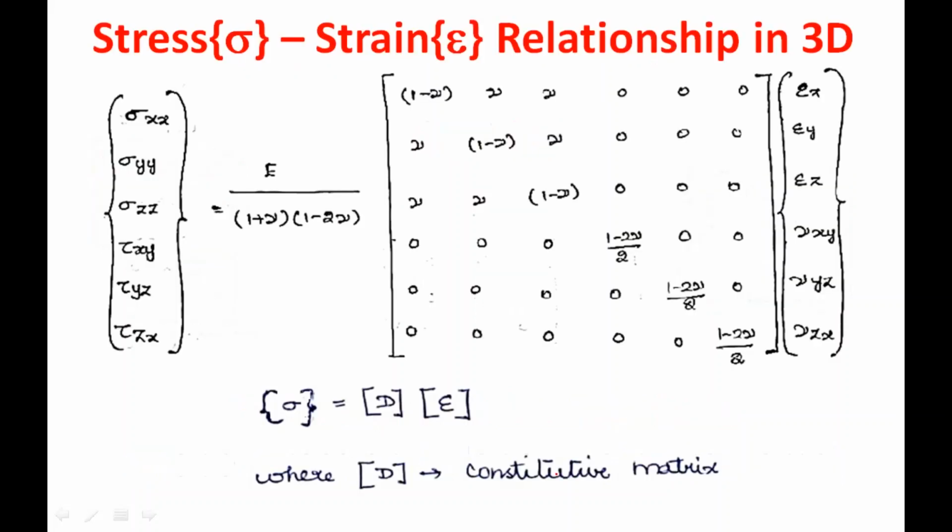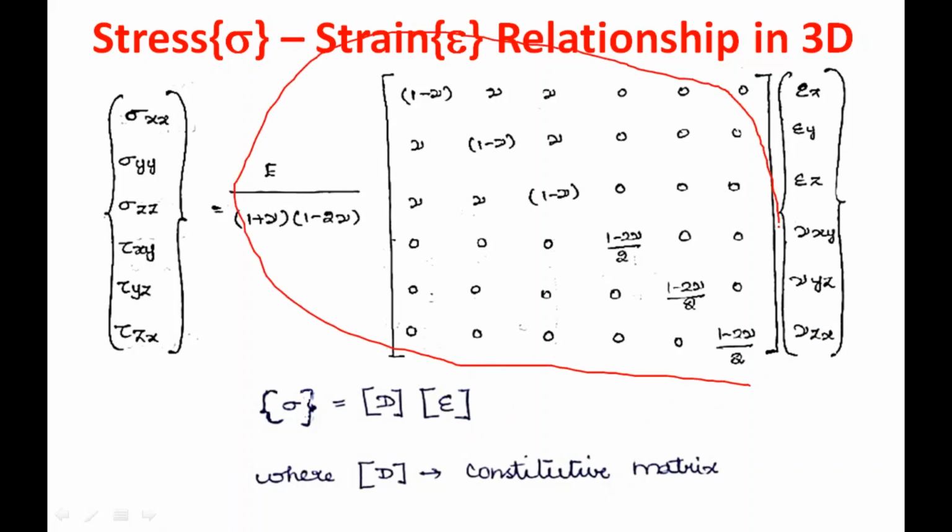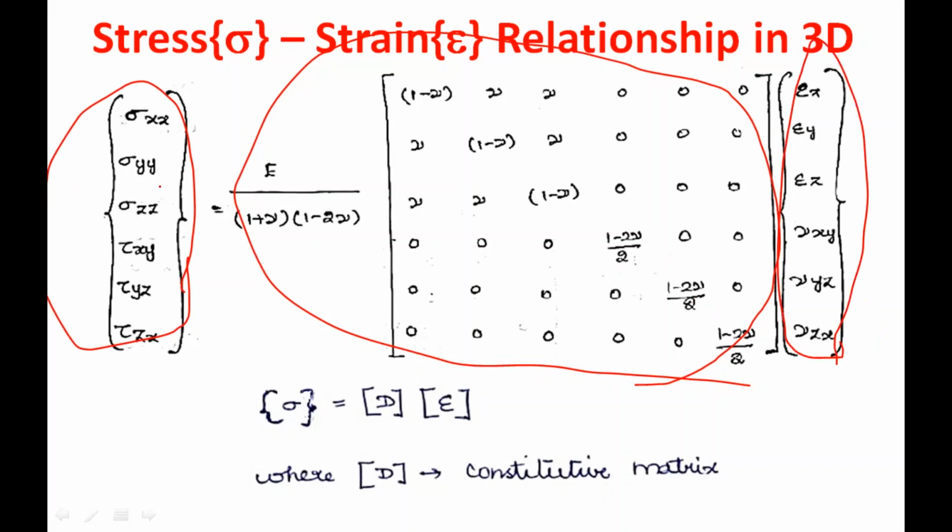In the earlier part, we derived the stress strain relationship matrix for a three-dimensional stress element, which is a 6 by 6 matrix. This is the 6 by 6 constitutive matrix which relates the stress and strain in three dimensions. In three dimensions, we have three normal stresses and three shear stresses.